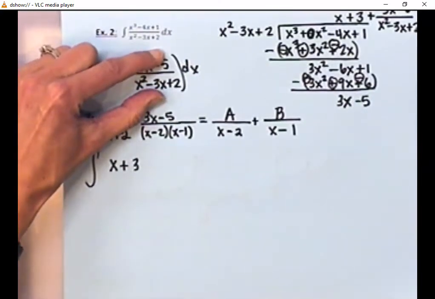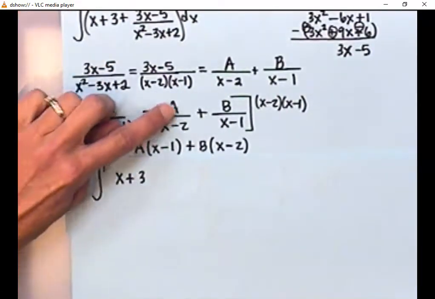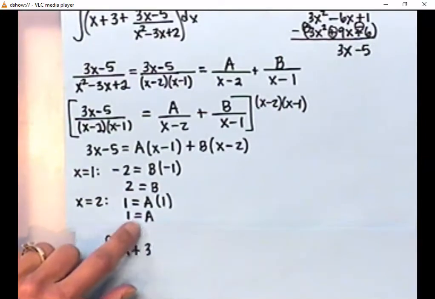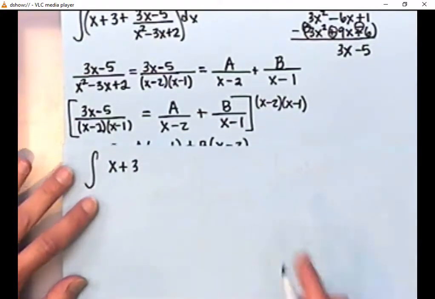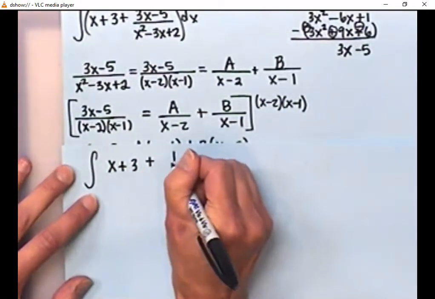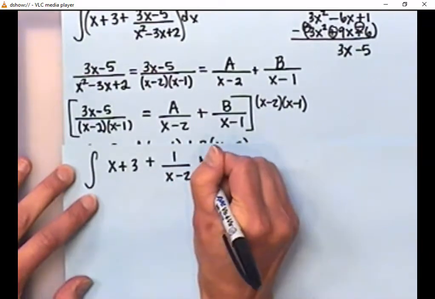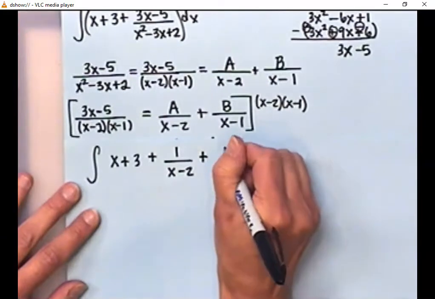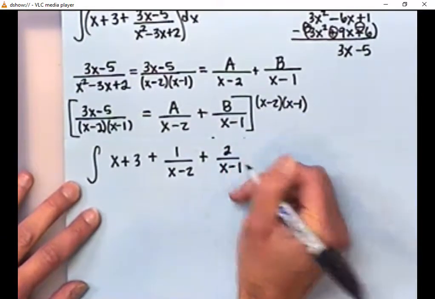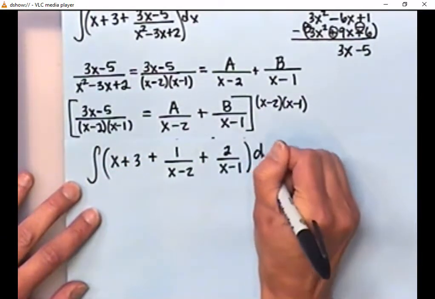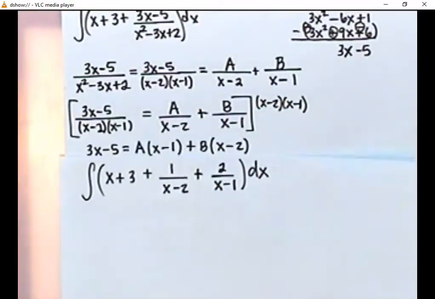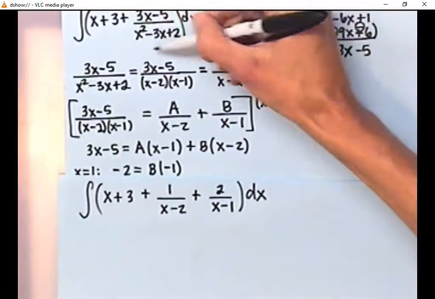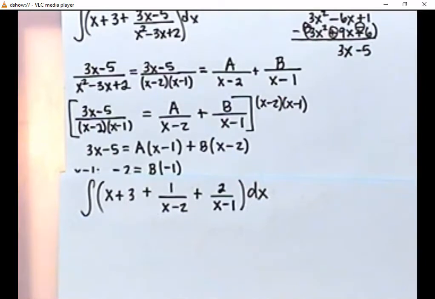This fraction now I replace with these 2 terms with the 1 and the 2 for a and b. So this one had a 1 over it, so it's 1 over x minus 2. The b, right, was 2. So this becomes 2 over x minus 1. Okay. So I've broken this fraction down into 2 simpler fractions that hopefully I can integrate.